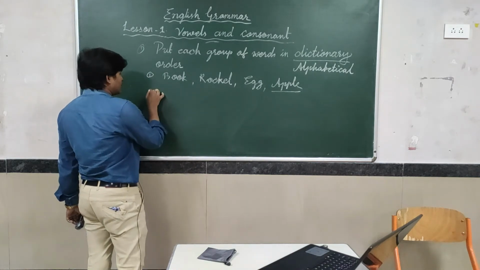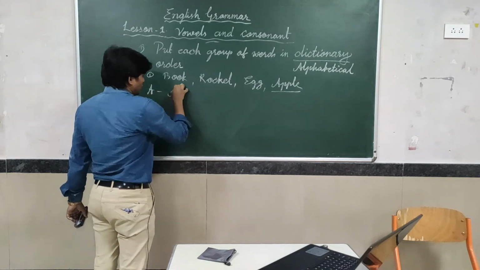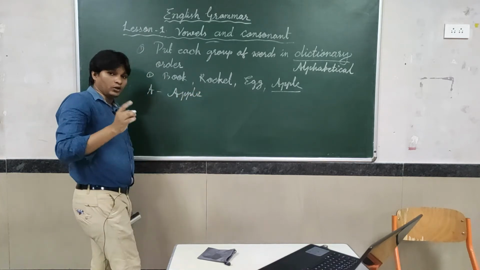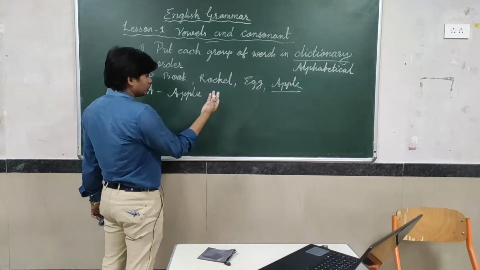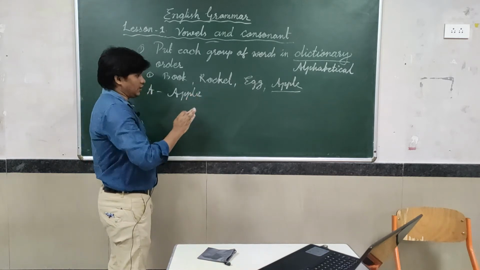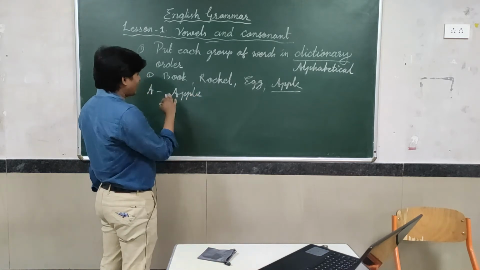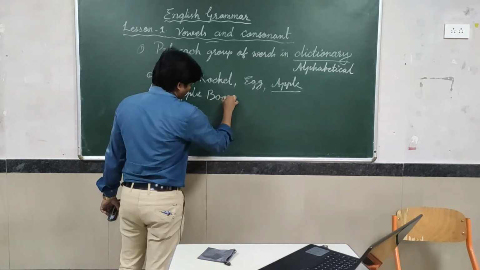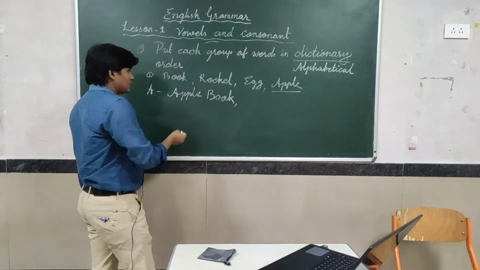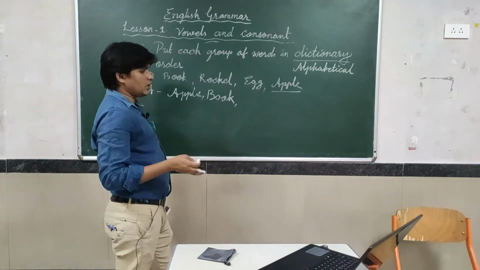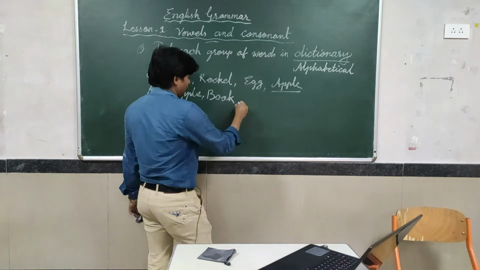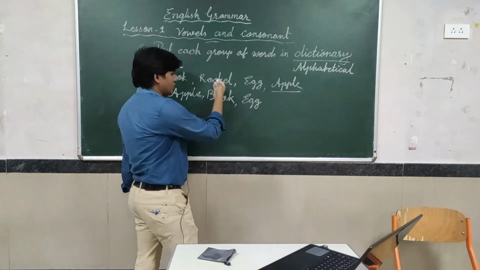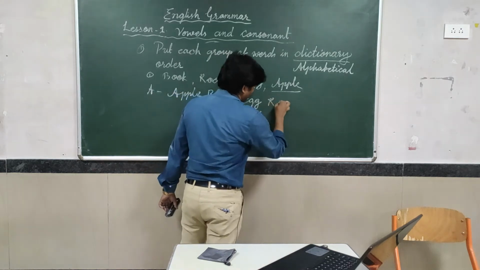So write the answer: first A P P L E, apple. After A, is there anything? Nothing. Next we go to B. Where is B? Here. B O O K, book. Next C, D, E. E is there. Egg. The last one is R.